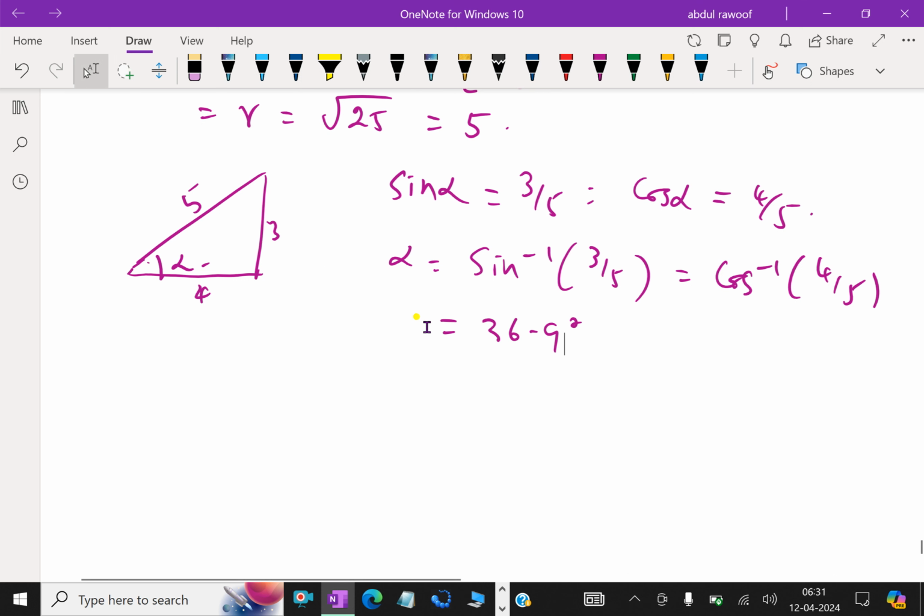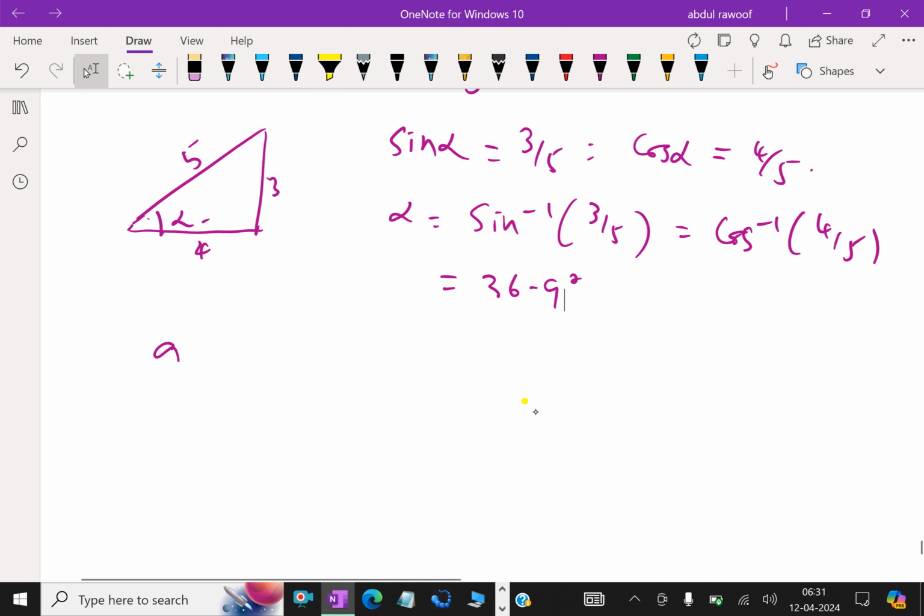Now we got the alpha value. Therefore, our expression a sin theta plus b cos theta is equal to R sin(theta plus alpha), where alpha we use as 36.9 degrees.